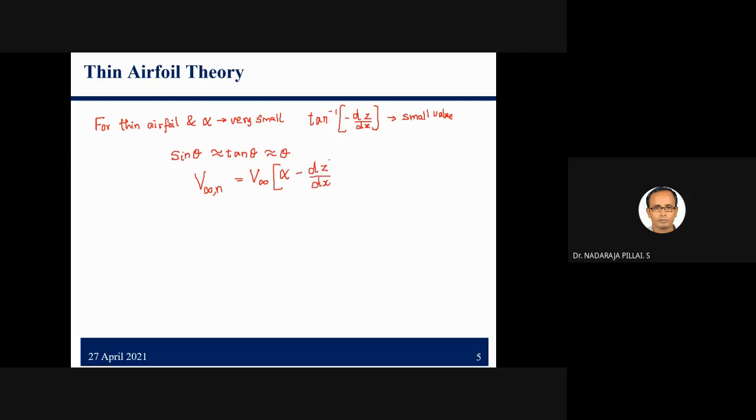Please always remember dz by dx is the slope of the camber line, right?